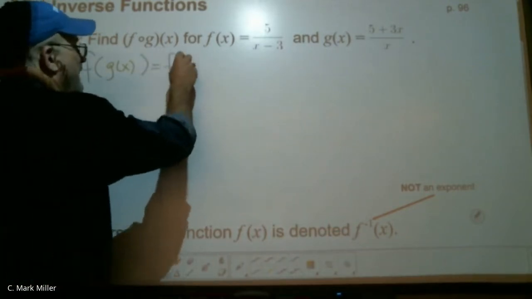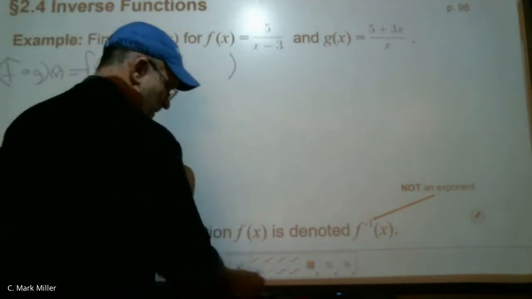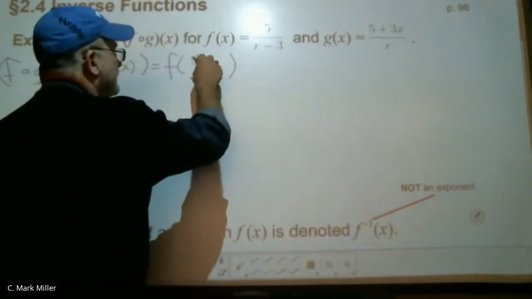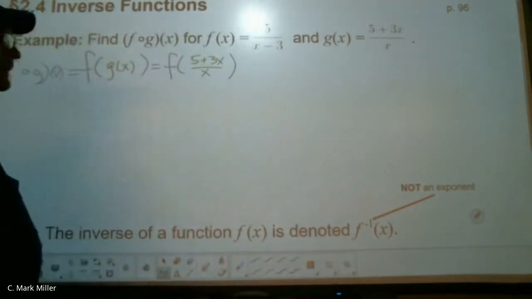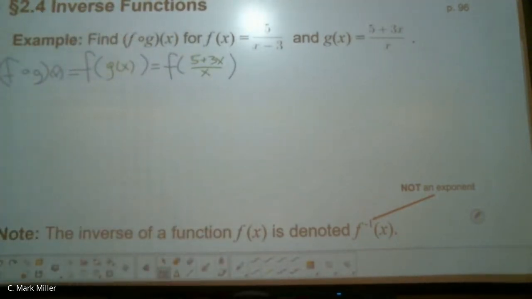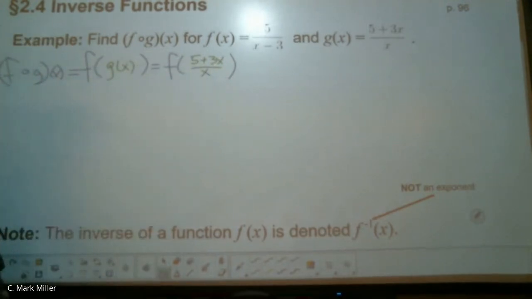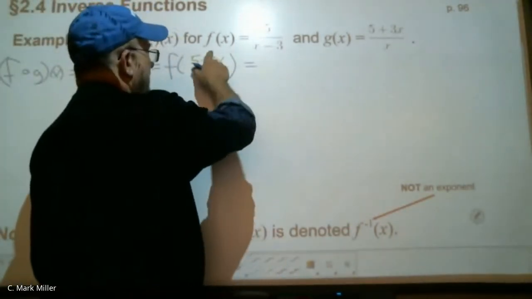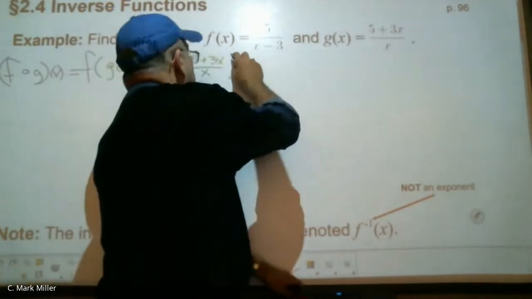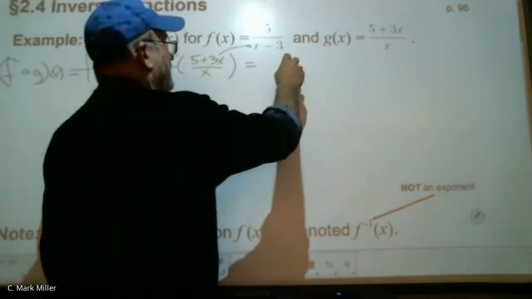That's going to be f of whatever g is goes in there. So wherever there's an x in the f function, I'm going to put 5 plus 3x all divided by x. So now I'm plugging this green thing in there. So I'm going to have a 5 on top.